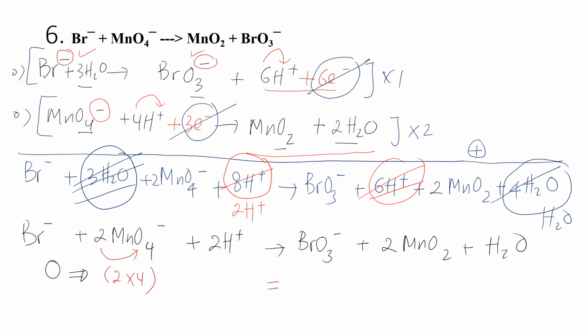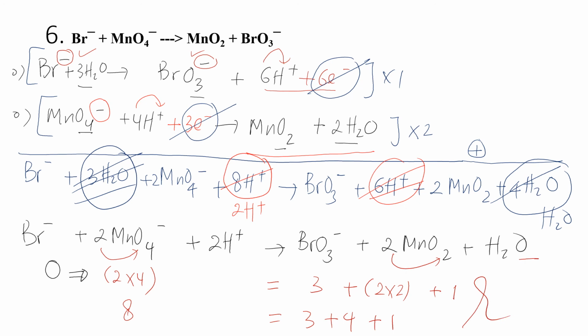The number of oxygen is 2 times 4, 2 times 4 equals 3 plus 2 times 2 plus 1. 8 equals 3 plus 4 plus 1. So the same.